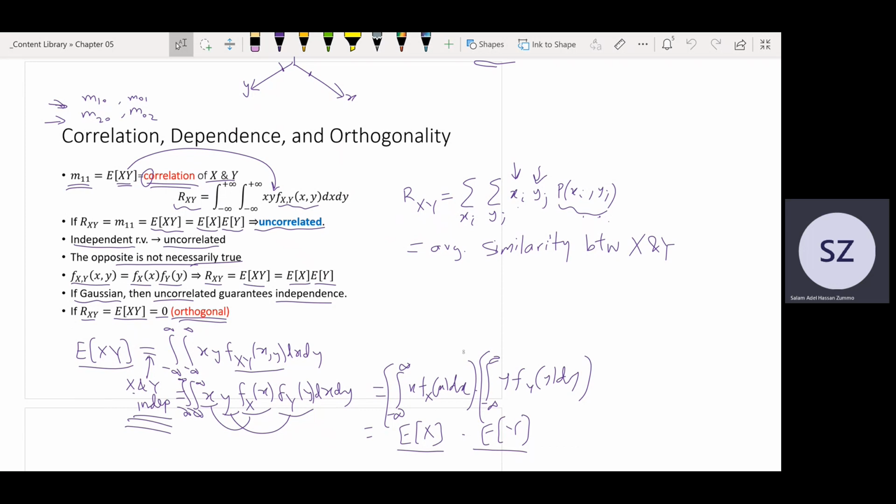And we tried to explain that it gives you how similar X and Y are, how much they vary similarly with each other. So if they vary similarly, if they go large together and go small together in the same direction, then Rxy will be positive.